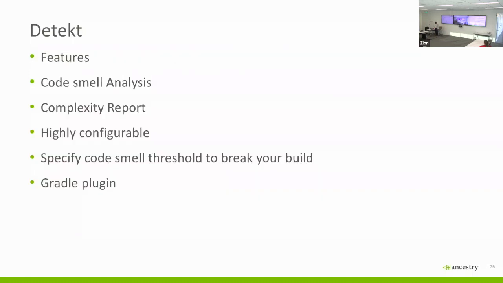So what are the features of detekt? Code smell analysis, complexity report. It's highly configurable like Android Lint, and it specifies code smell thresholds, which means you can tell it, if you find 5 issues, don't break the build, but if you find 10, you should break the build, stuff like that. It also comes with a Gradle plugin, which is my favorite.